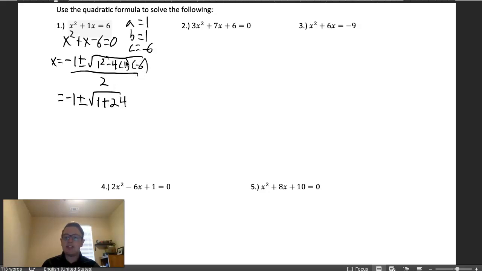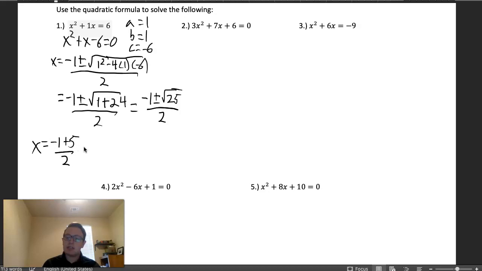So this is what I'm saying. We have to keep track of our negatives in here. Minus 4 times minus 6 gives us plus 24 over 2. Or this is the same thing as negative 1 plus or minus the square root of 25 over 2. And the square root of 25 is going to be 5. So our two possible answers are x is equal to minus 1 plus 5 over 2.